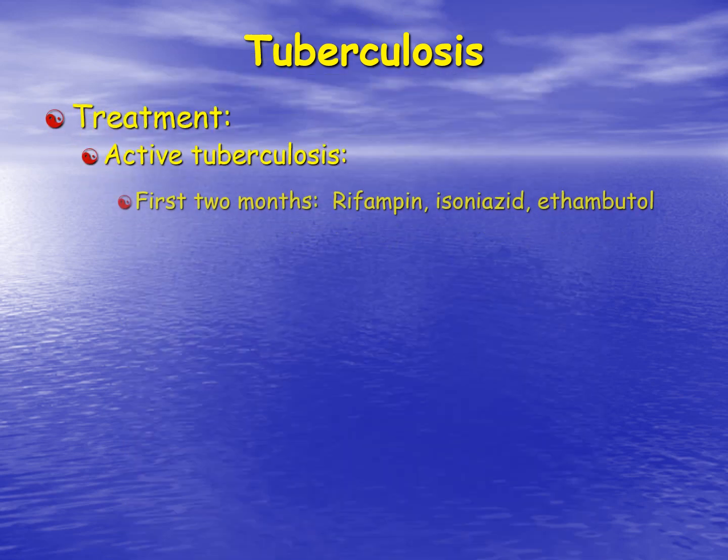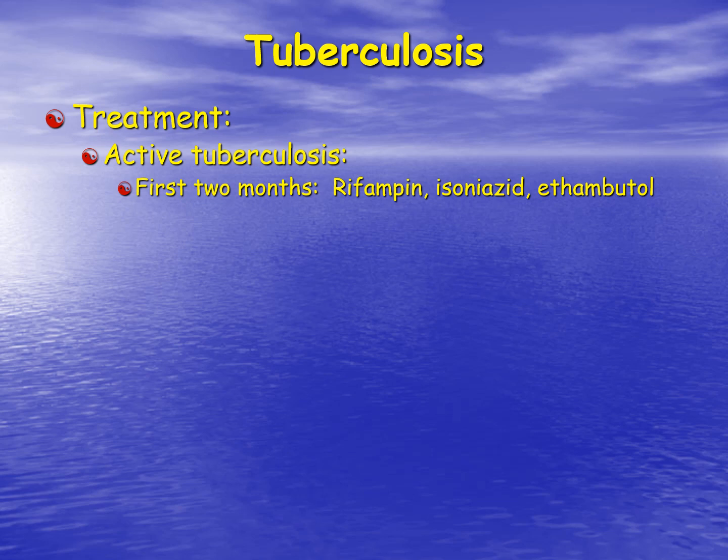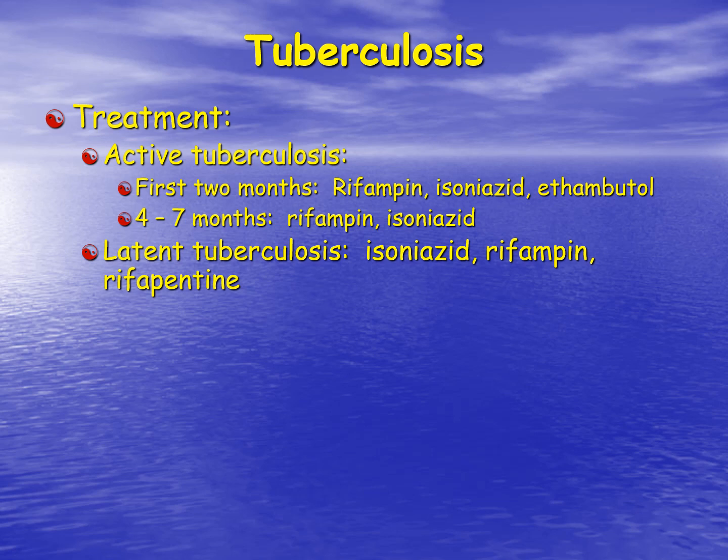Treatment for active tuberculosis, we have a number of drugs that we still use: rifampin, isoniazid, and ethambutol. At 4 to 7 months, we simply use rifampin and isoniazid. With latent tuberculosis, again, same drugs with rifampicin being added.